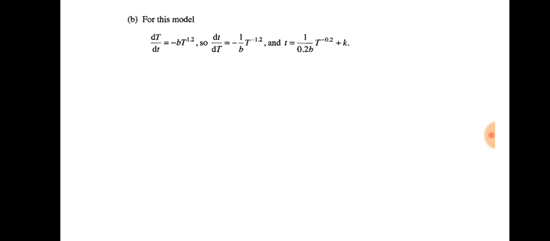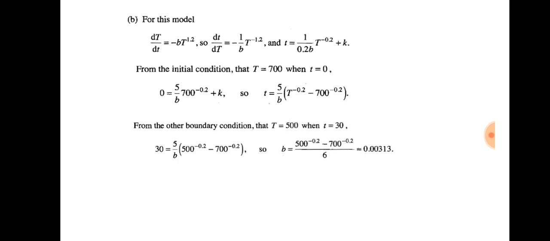For model B, dT over dt equals minus b times T^1.2. So dt over dT equals minus 1 over b T^(minus 1.2), and t equals 1 over 0.2b T^(minus 0.2) plus k.